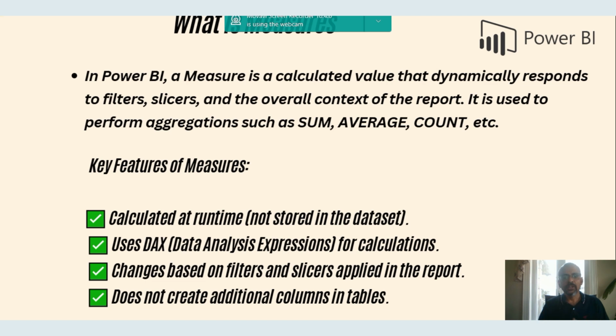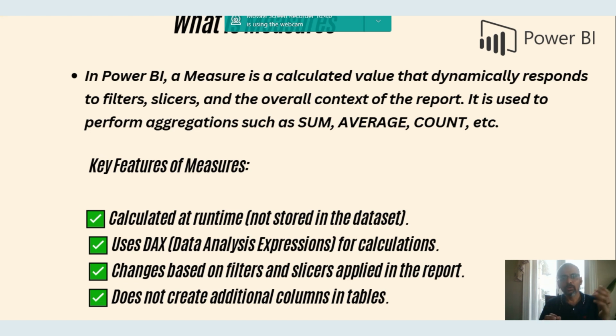First and foremost, measures are calculated at runtime. Whatever changes you have made will get updated at runtime. That is one. And you don't need to create an additional column in tables. If you are using a calculated column, you add a column and make those calculations.